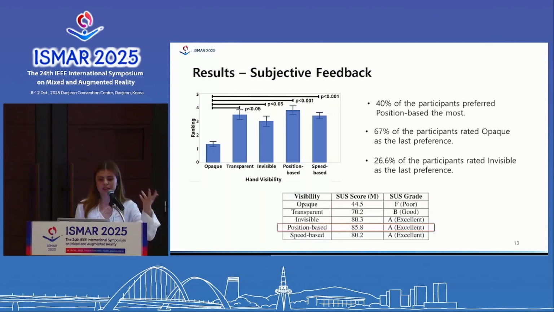But in our SUS scores, it received again an excellent grade, and also position-based and speed-based. We believe this is because participants found it usable, but they just don't prefer to use it. And position-based outperformed almost each metric that we evaluated.